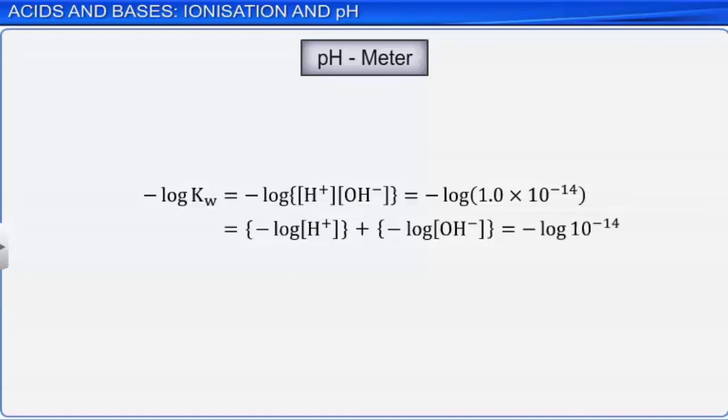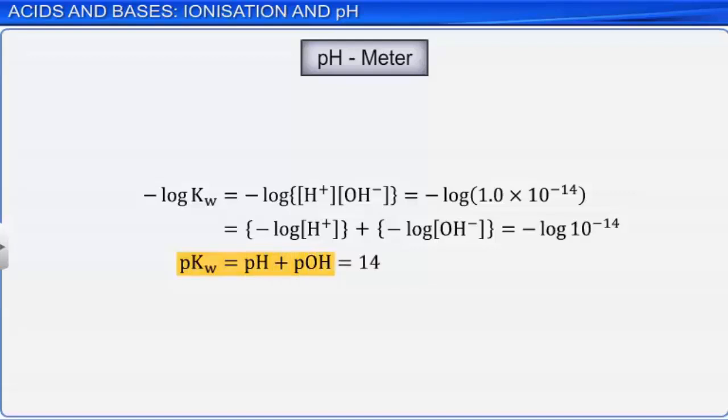As negative log of Kw is equal to pKw, negative log of H+ ion is equal to pH, and negative log of OH- ion concentration is equal to pOH. Thus, the ionic product of water at 298 Kelvin, pKw, is equal to pH plus pOH, which is equal to 14.